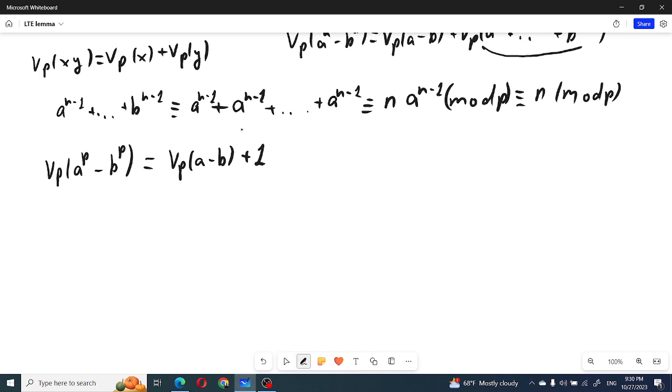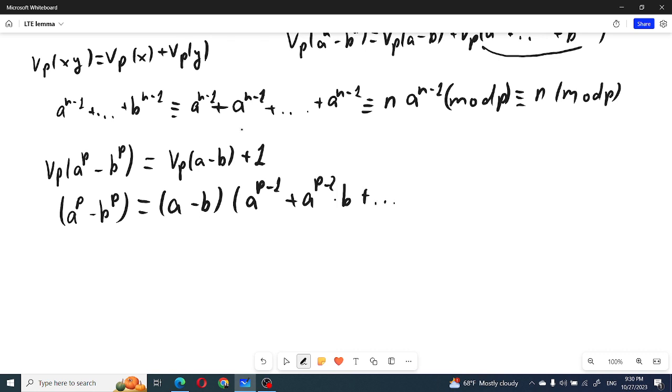In a similar way, we can see that a to the p minus b to the p equals a minus b times a to the p minus 1 plus a to the p minus 2 times b up to b to the p minus 1.